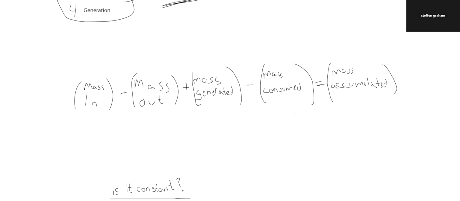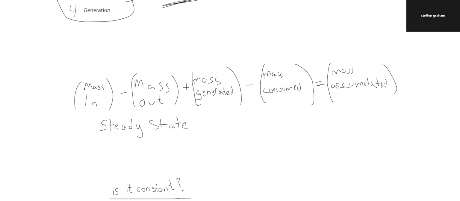But in the problems that we'll solve, there are often many simplifications. So the first one is steady state. Bear with me, I'm using a mouse here to write this, so it's written really poorly and slowly.